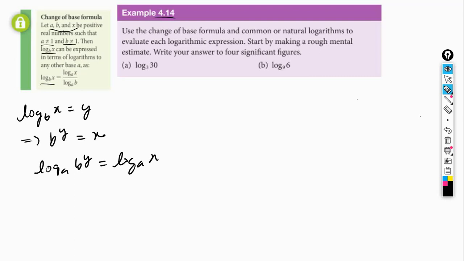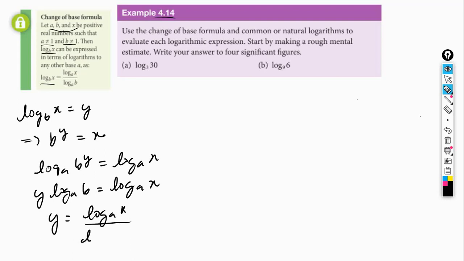We're just applying a logarithm to both sides of the equation. And then from the properties of logarithms, we know that we can rewrite this as y times log base a of b is equal to log base a of x. Therefore, y is equal to log base a of x over log base a of b, as we stated over here.